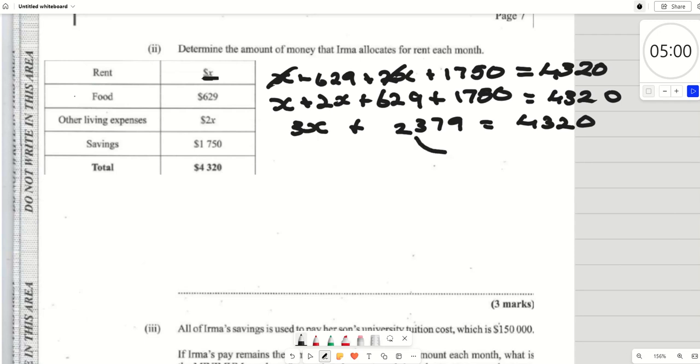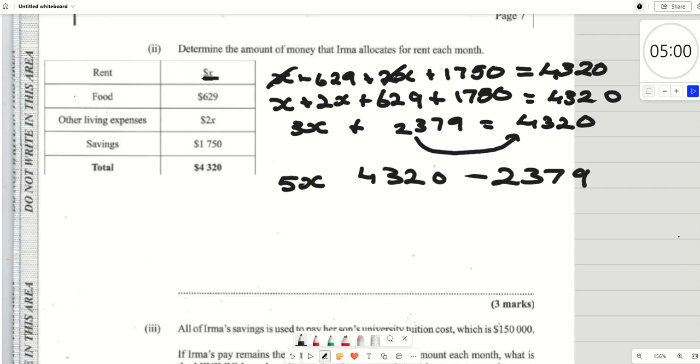So first off, we're going to carry across plus 2,379. If you know anything about carrying something over the equal sign, you'll know that it takes the opposite of positive 2,379. It will be 4,320 minus 2,379, right? This is not 5x, it's 3x, right?